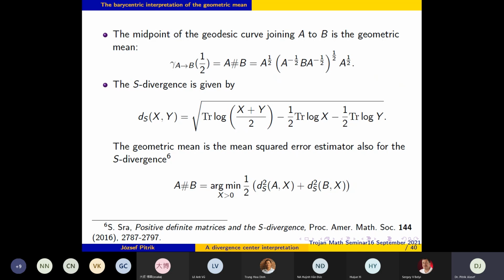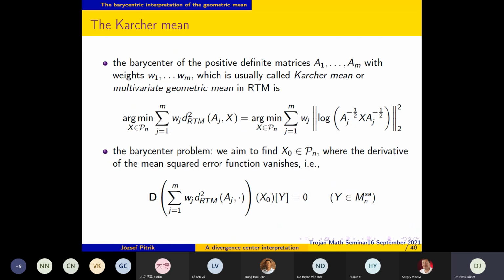Now, this barycenter interpretation allows us to define the geometric mean for more than 2 variables. It was a long-standing open problem to extend the geometric mean to the case of more than 2 variables of matrices or operators.